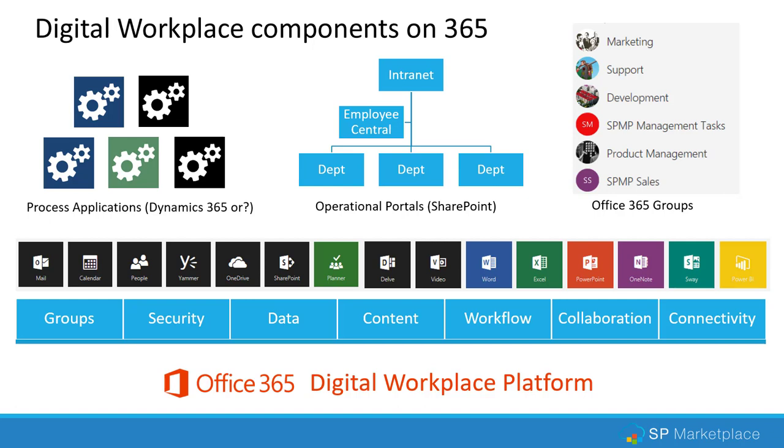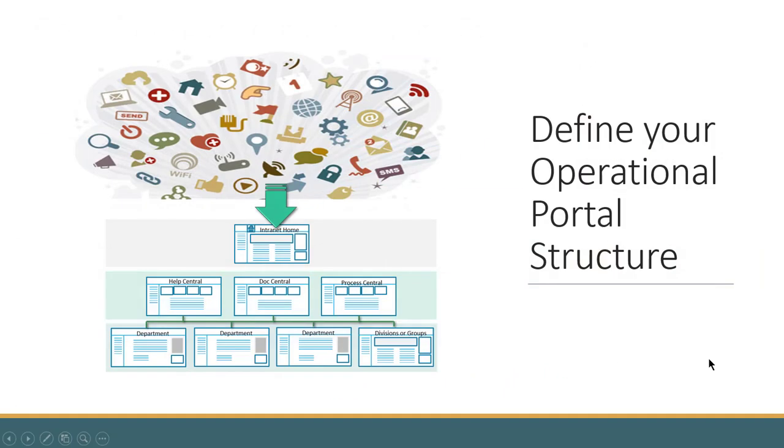And really, it's that internal business structure that you're bringing it into, and now it makes a lot more sense on where you're going to use OneDrive and where they're going to use Planner from what places, because you can put in place an operational portal structure on SharePoint that actually is in the same context of your structure and how people work. So let's take a look at that and see how you can do that.